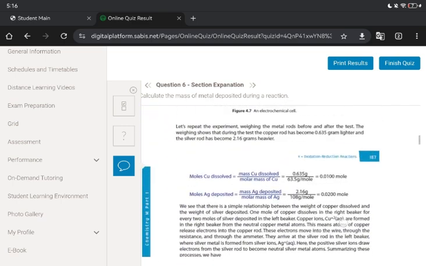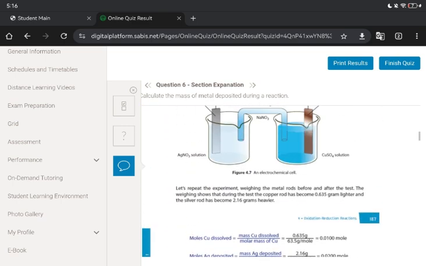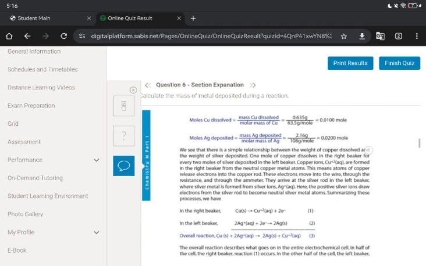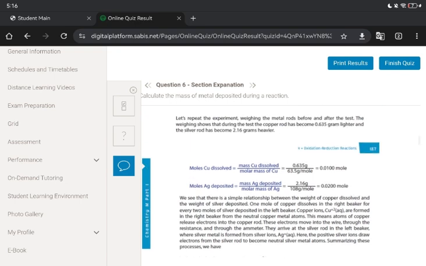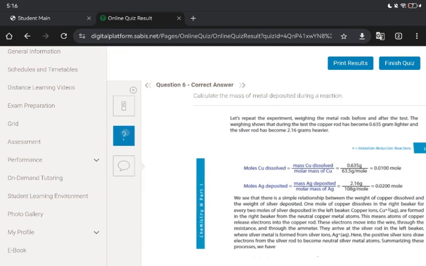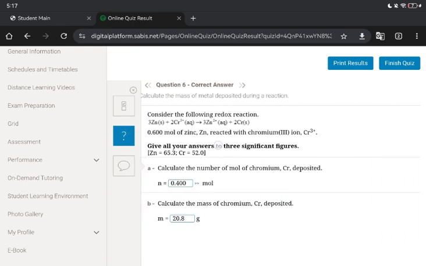Yeah, here. So the moles dissolved equals the moles deposited. So here 0.6 moles reacted, so they're asking how many moles of chromium were there.